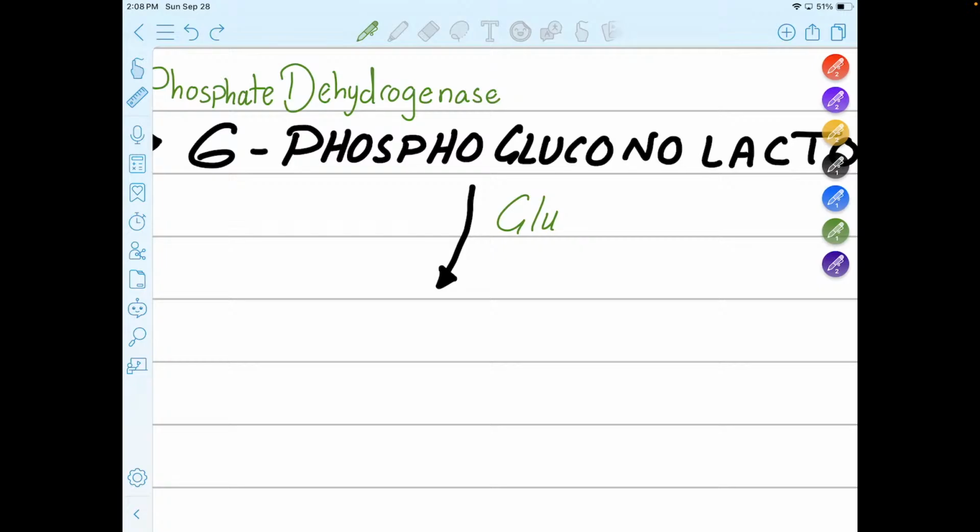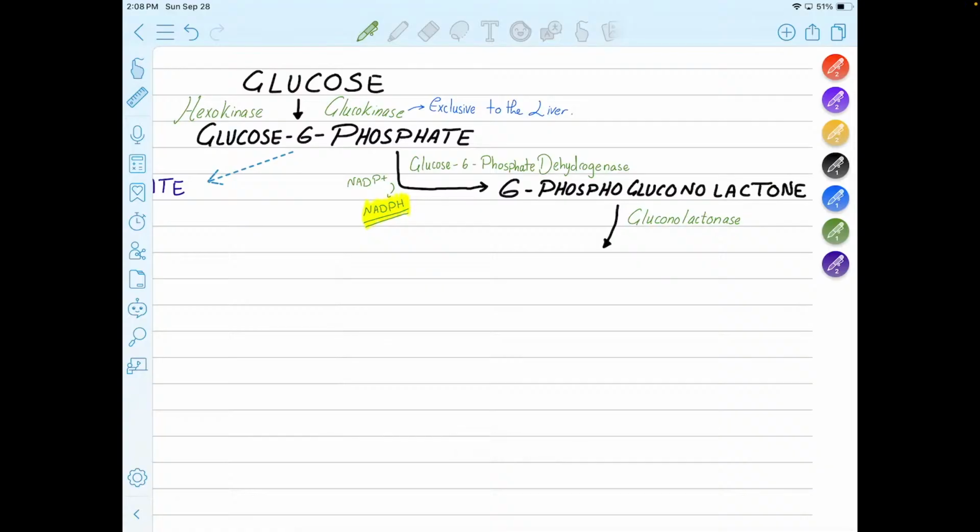So what is the function of gluconolactonase? It's rather simple. What it's made for is to simply convert this gluconolactone, removing the lactone out of it. So you would be left with 6 phosphogluconate, right?